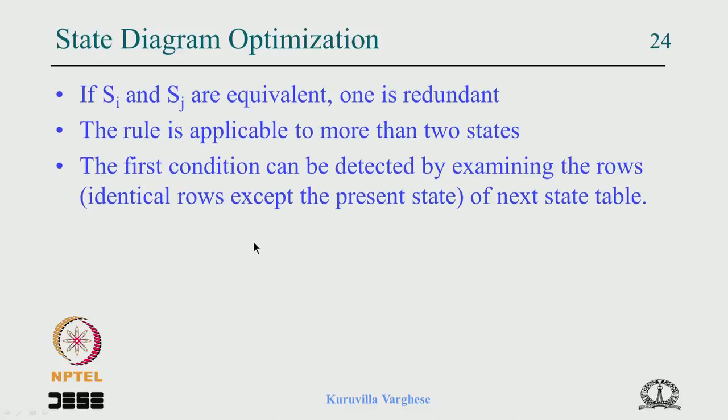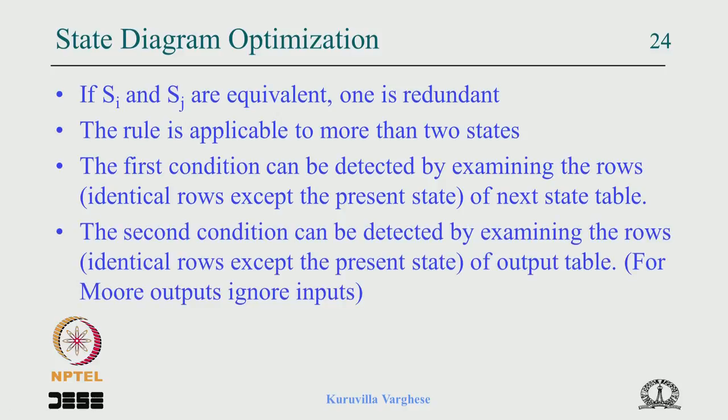So that is what I state here. The first condition can be detected by examining the rows that are identical except for the present state, because the next state is the same and the input conditions are the same. So you pick up all that, and then you get the candidates for the present state, because we now have to detect whether the output is the same, and that can be easily detected in the output table.